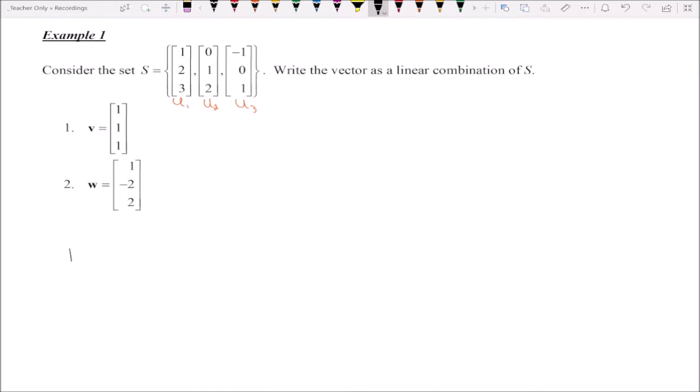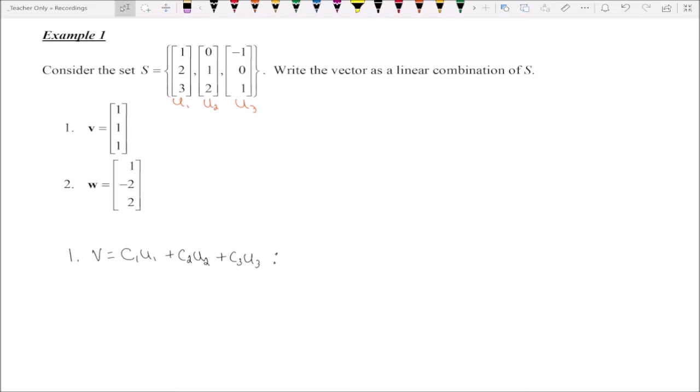For v, we want to write v as c1 u1 plus c2 u2 plus c3 u3 for constants c1, c2, and c3. These are the constants that we have to determine.